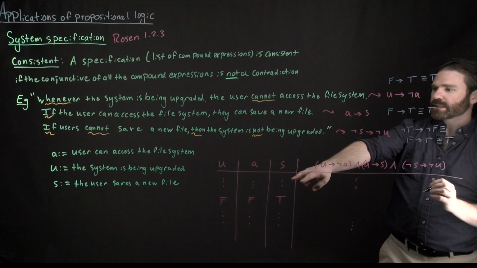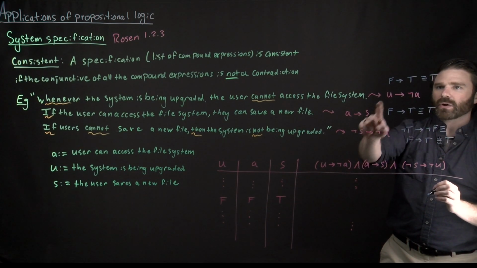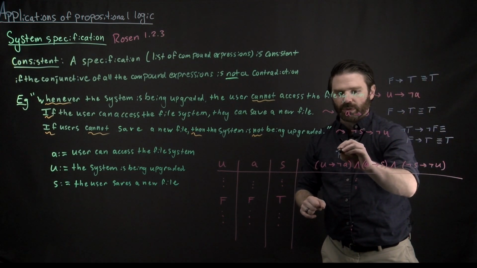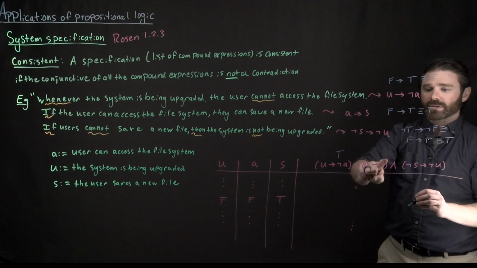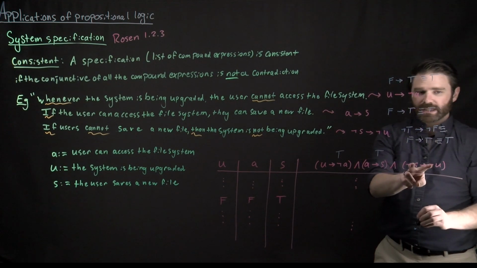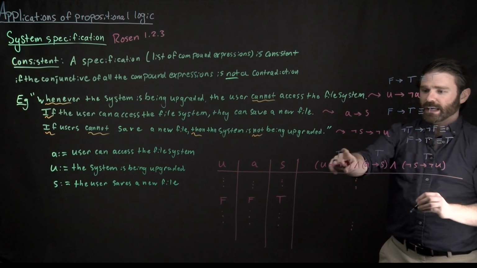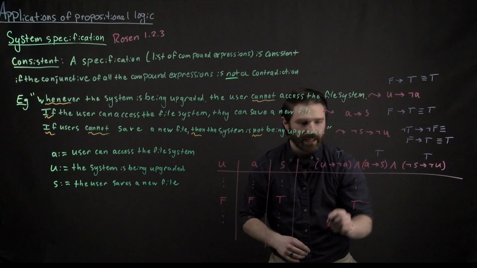So in this particular instance, when U is false, A is false, and S is true, I know that this first compound expression is going to be true. I know that this second compound proposition is also going to be true. And I know that this third compound proposition is also going to be true. And I have a true and a true and a true, and then everything becomes a true.